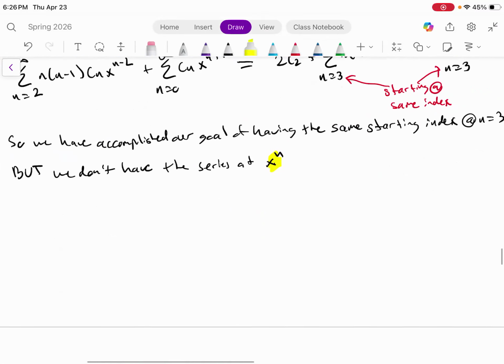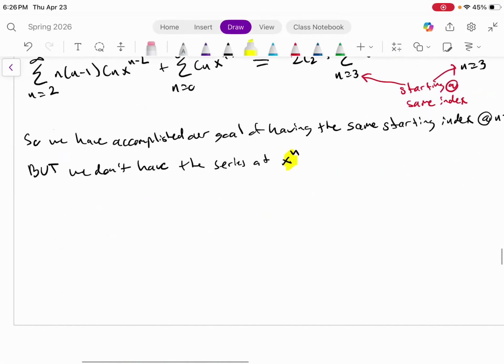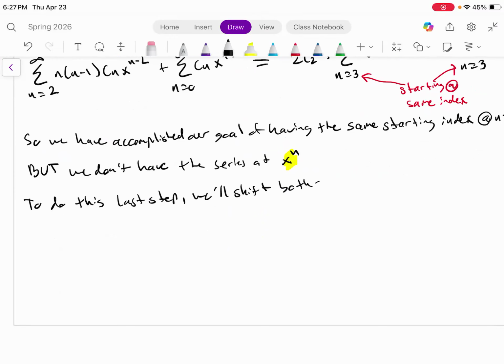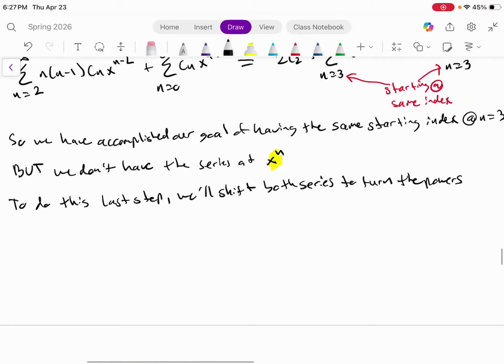So we're going to use index shifting to make these into x to the n. So to do this last step, we'll shift both series to turn the powers to x to the n.